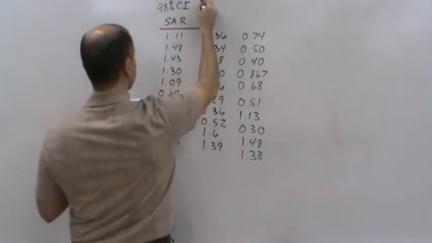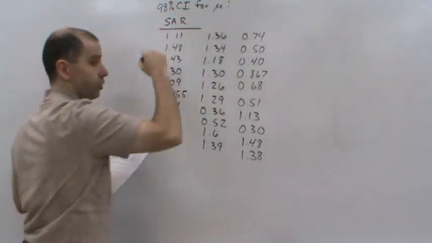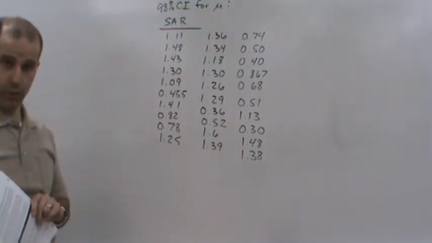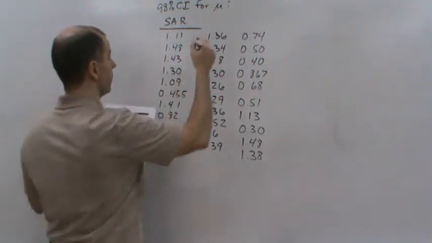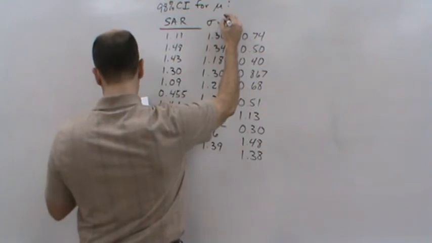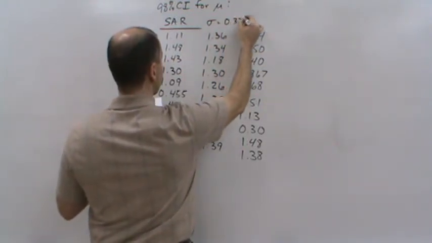So we want mu, the true average absorption rate for all the models. And they also tell us sigma, which is 0.337.